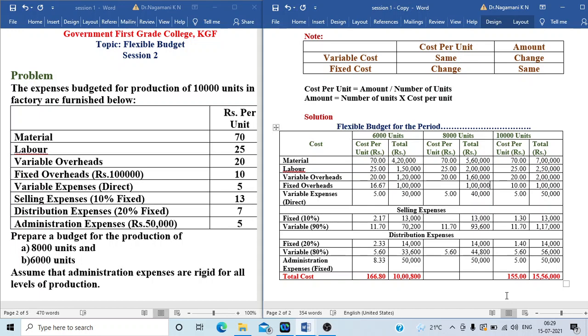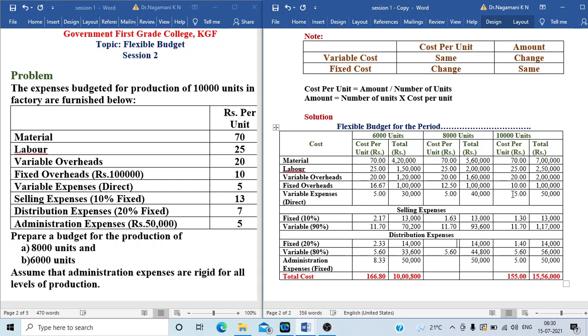Now we need to calculate the fixed overhead cost per unit. Fixed overhead amount is 1 lakh is there. 1 lakh divided by 8,000 units, 12.50. Next, for selling expenses, fixed cost is 10% and the amount is given 13,000 divided by 8,000, 1.63 cost per unit is.